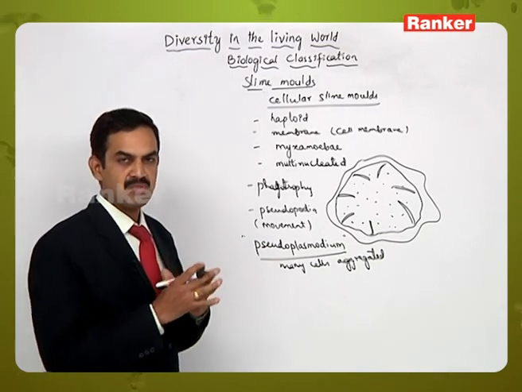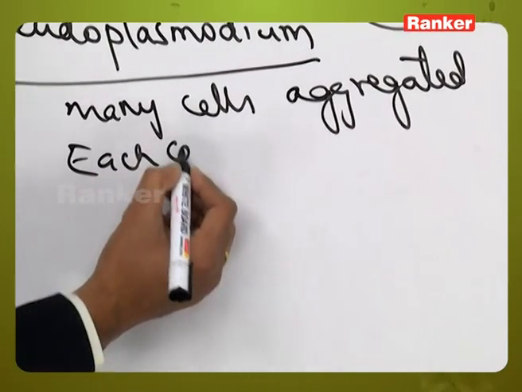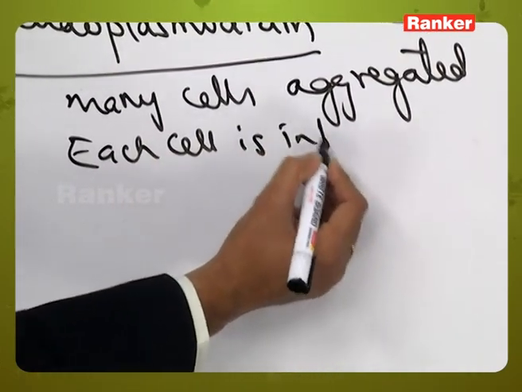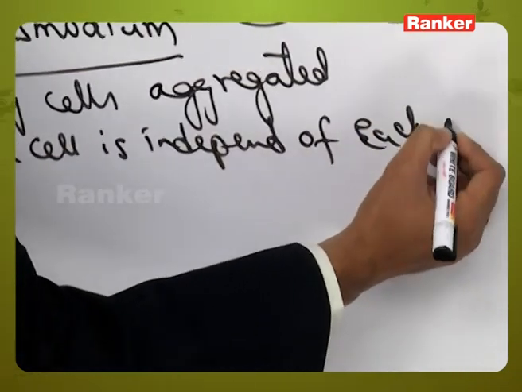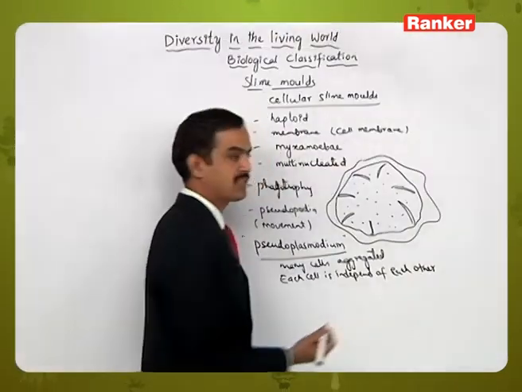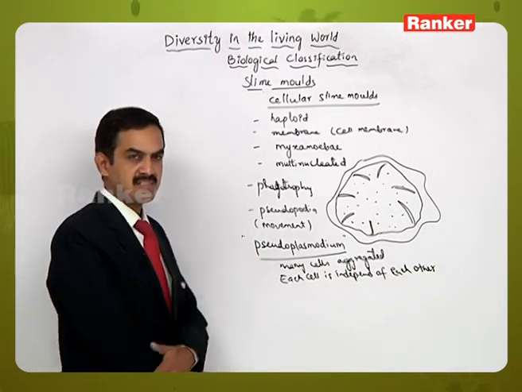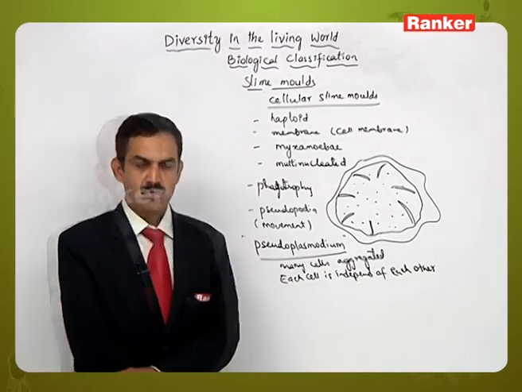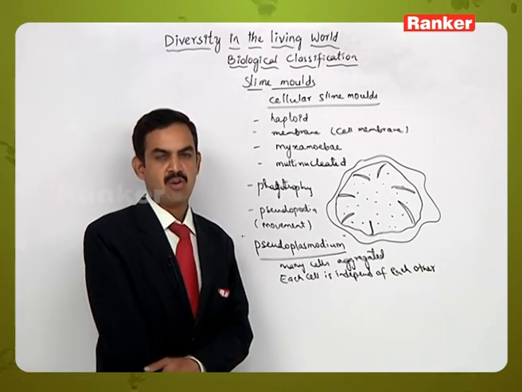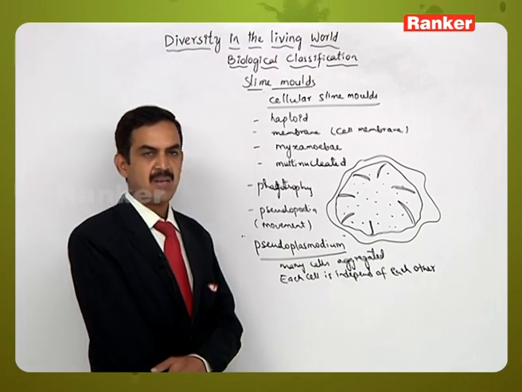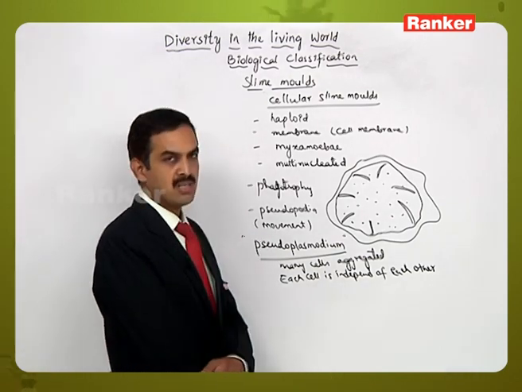Nearly some thousands of cells are present in this one, and each cell is independent of the others. That means they perform their own functions by themselves, and once the unfavorable conditions have been overcome, they once again form into the actual structures, leading to the formation of new slime molds. This type of pseudoplasmodial structure is formed in the cellular slime molds.